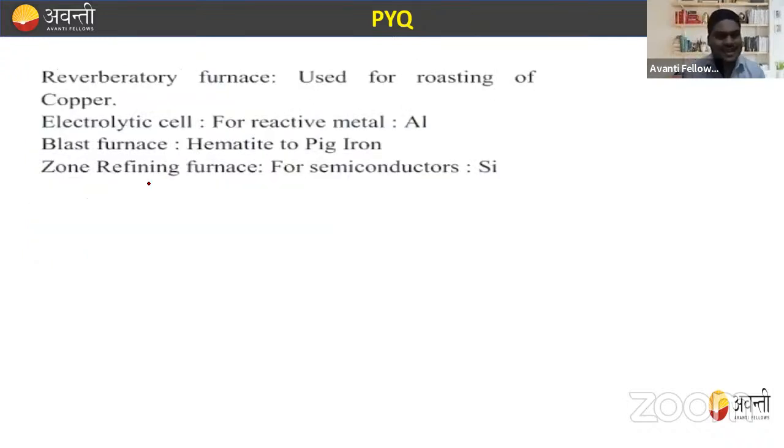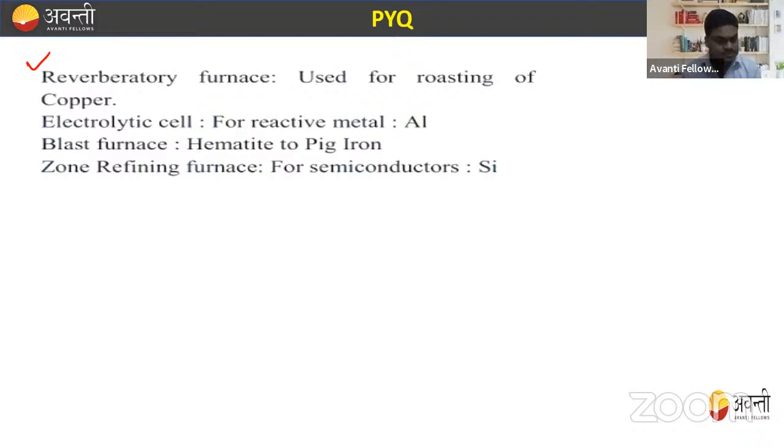The reverberatory furnace is used for the roasting of copper. Electrolytic cell is used for reactive metals like aluminium, magnesium, all that. Blast furnace is used for hematite to pig iron, and the zone refining furnace is used for semiconductors like silicon.